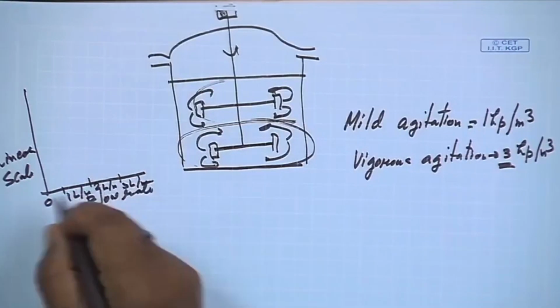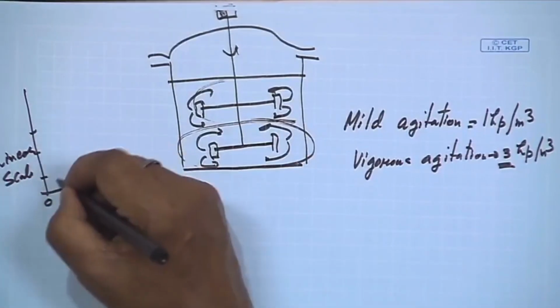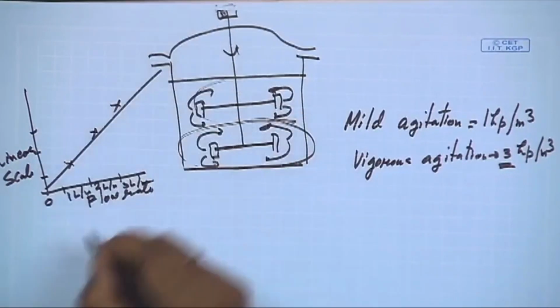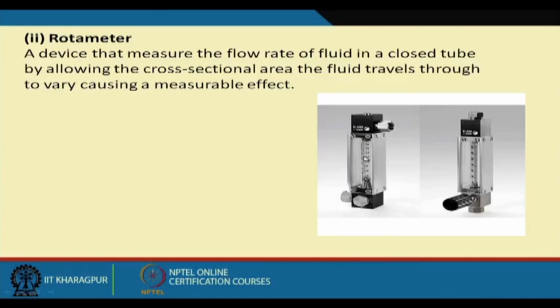Like this, you have a linear scale, where the value changes like this. From this calibration curve, when you operate, you can easily find out the actual flow rate of the air. So the rotameter is largely used in fermentation industries to find out the flow rate of the air.